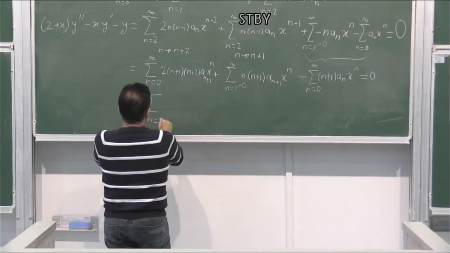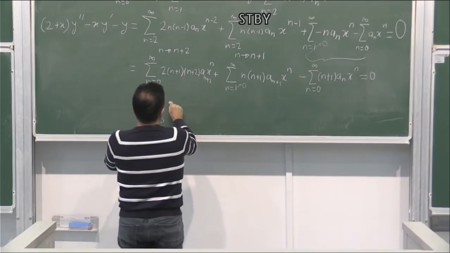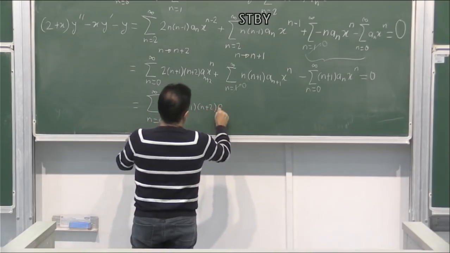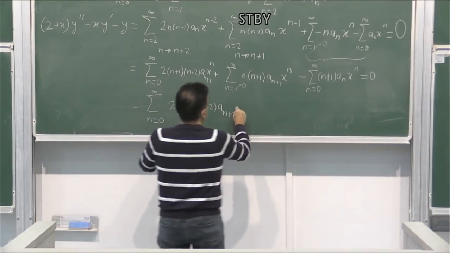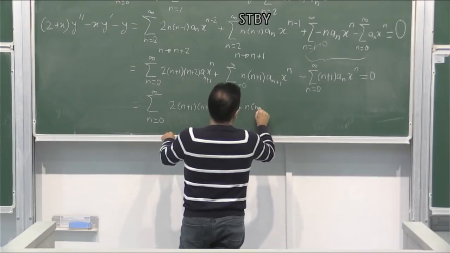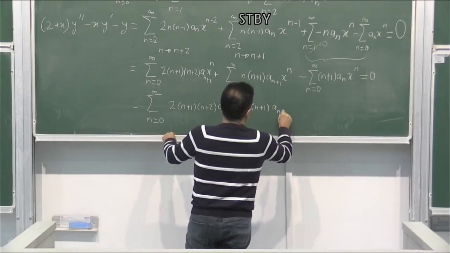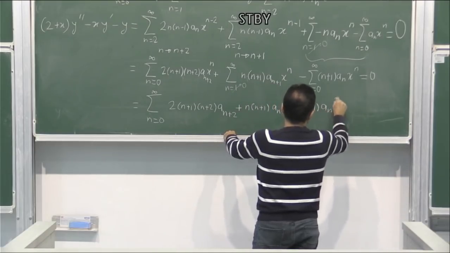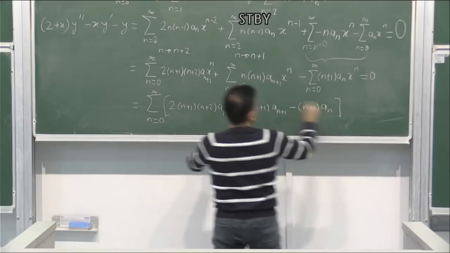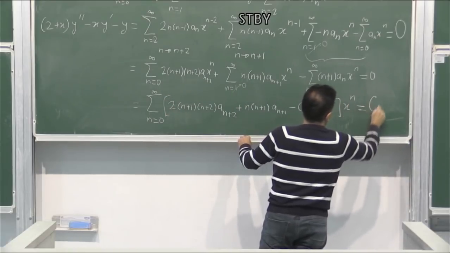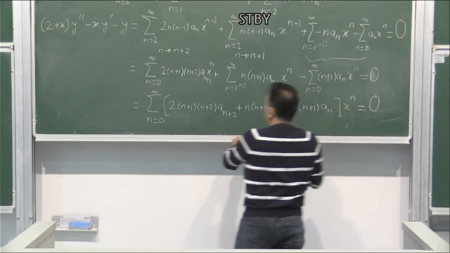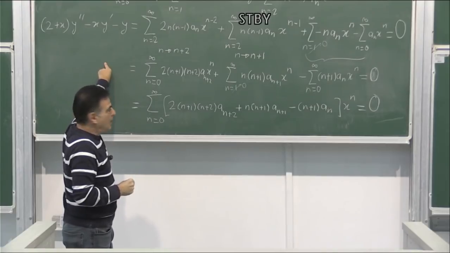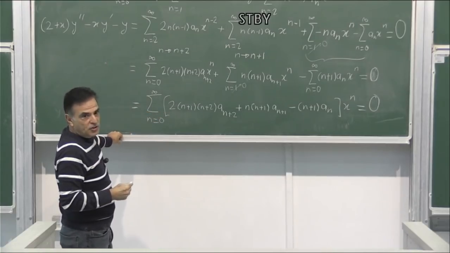So from 0 up to infinity, 2n plus 1, n plus 2, an plus 2, plus n plus 1, an plus 1, minus n plus 1 an all multiplied by x to the n must be 0. Okay? To satisfy the differential equation. So this implies the recursion relation.